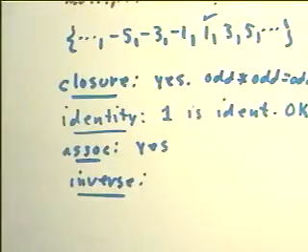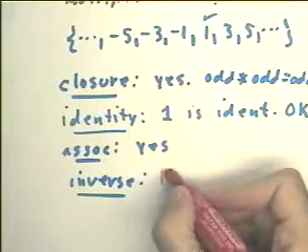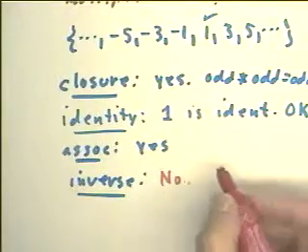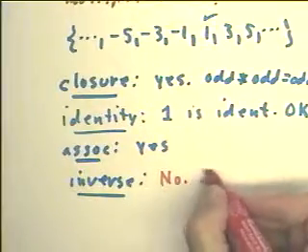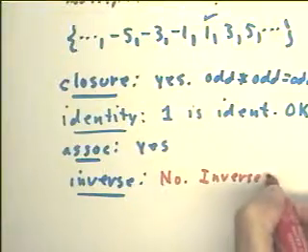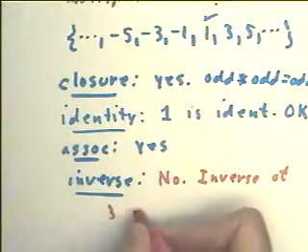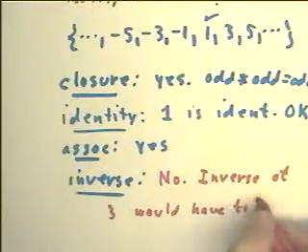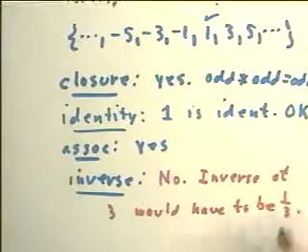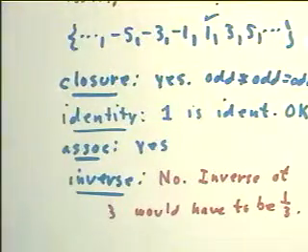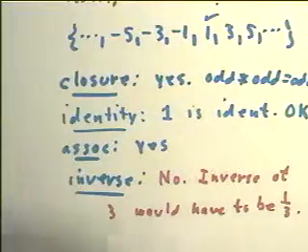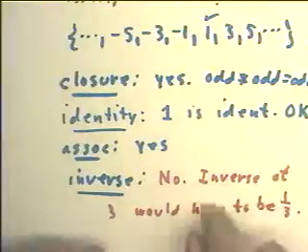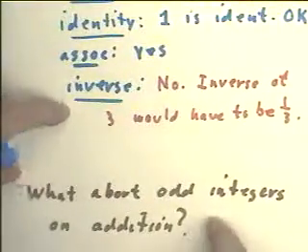Well, we run into the same problem that we did before. No, you don't have inverses. The inverse of 3 would have to be 1/3, which is not an integer. So the odd integers in multiplication do not form a group.